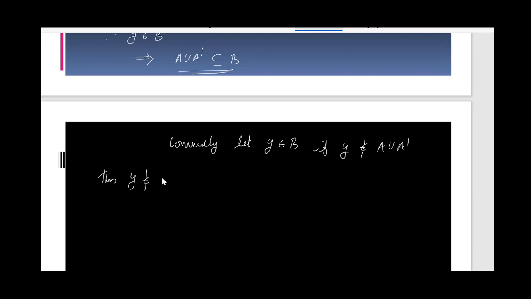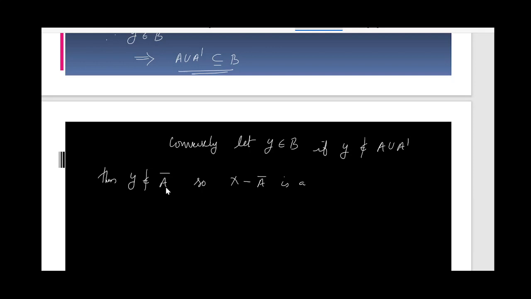Then y does not belong to A closure, right? So X minus A closure is an open set containing y.